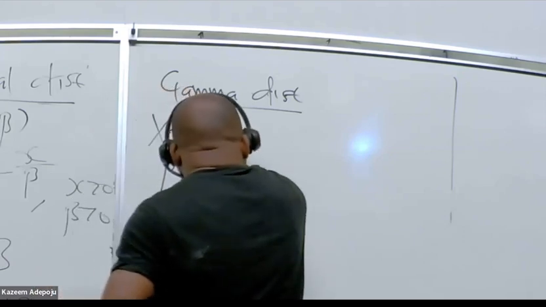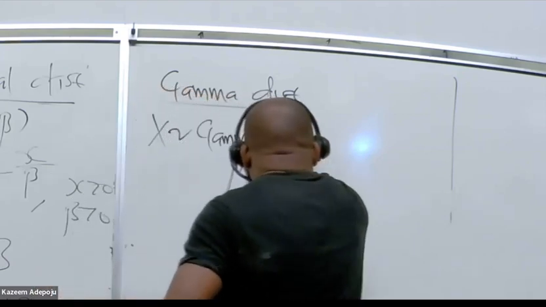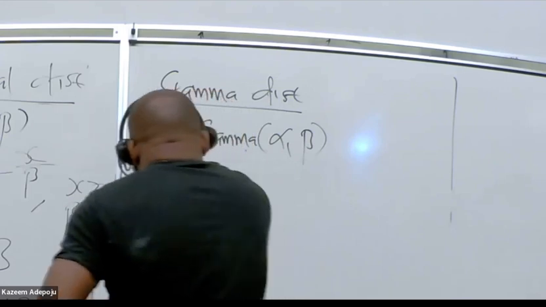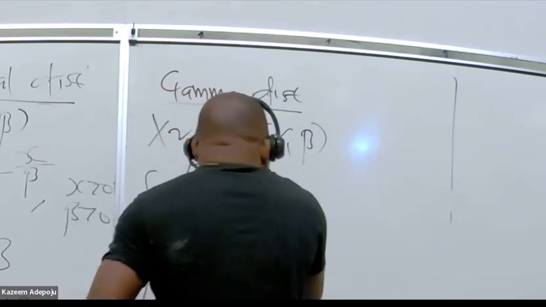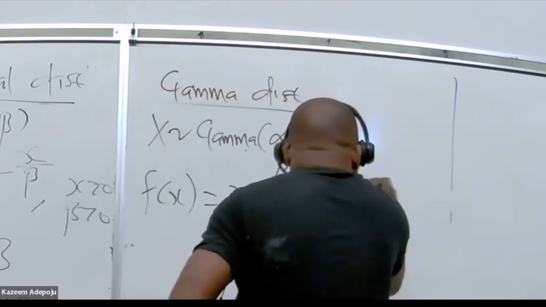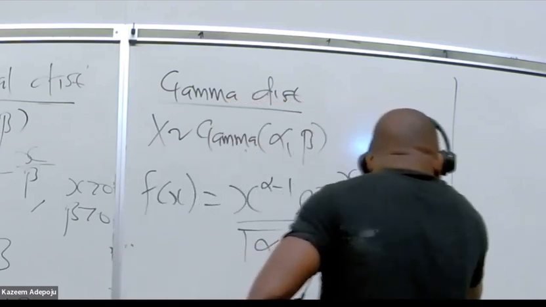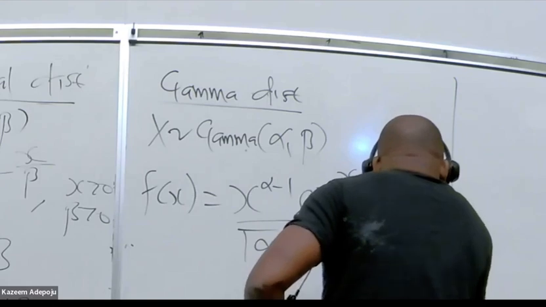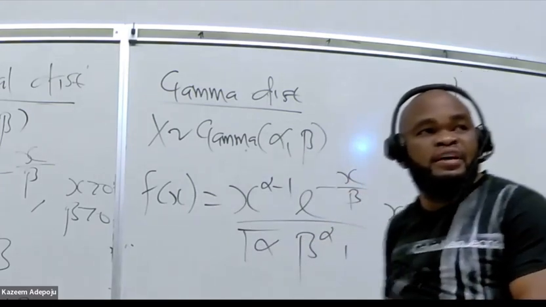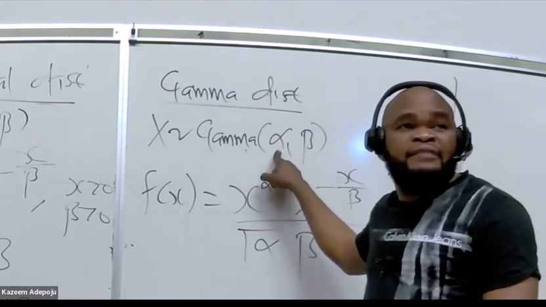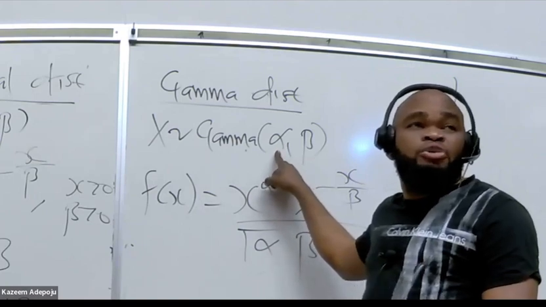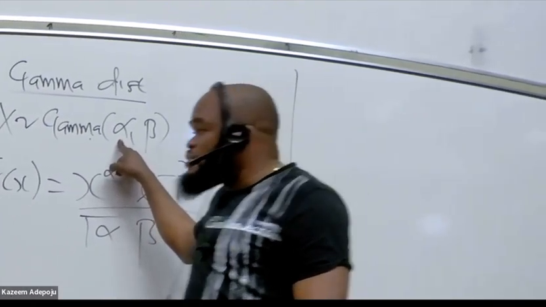So X follows gamma with parameters alpha, beta. The f of x equals x raised to the power of this, exponential raised to the power of this, divided by gamma alpha beta raised to the power of alpha, this greater than 0 and this greater than 0. What we introduce here is the alpha. If alpha equals 1, we go from gamma to exponential.